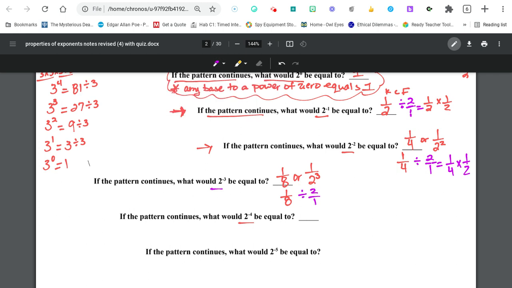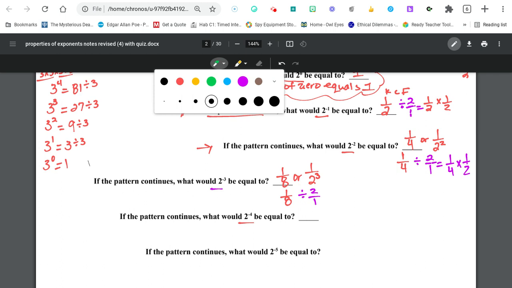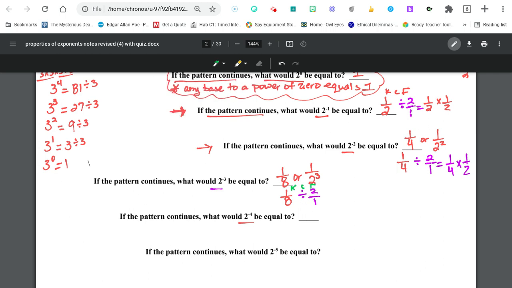But because it's fractions, I need to keep, change, flip. Now I'm just dealing with fractions. So that's going to give me 1/8, change division to multiplication, flip that. So it's 1/8 times 1 half, which tells me that this answer should be 1 over 16. Or I can put this as 1 over 2 to the fourth power.